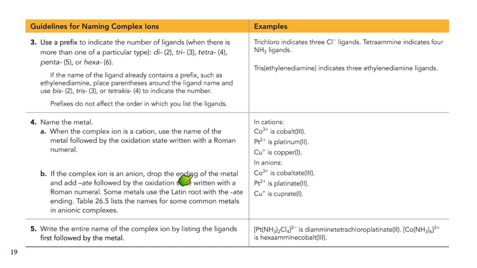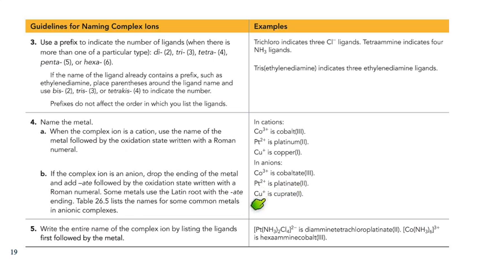So here we're going to drop the ending of the metal and add -ate. Remember, we used -ate for polyatomic oxyanions, right? Sulfate is a negative ion. So here we're going to take cobalt and change the ending to -ate, cobaltate. Platinum becomes platinate.